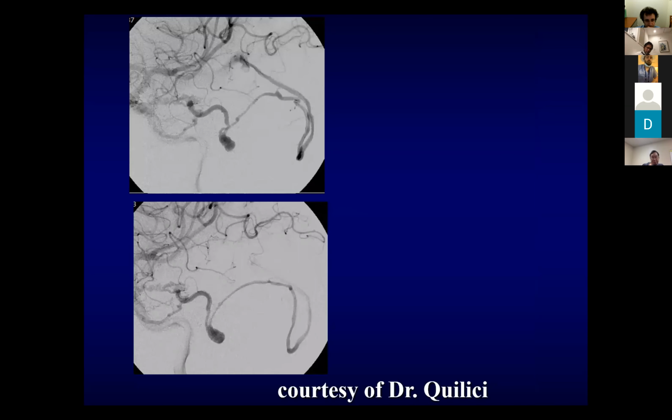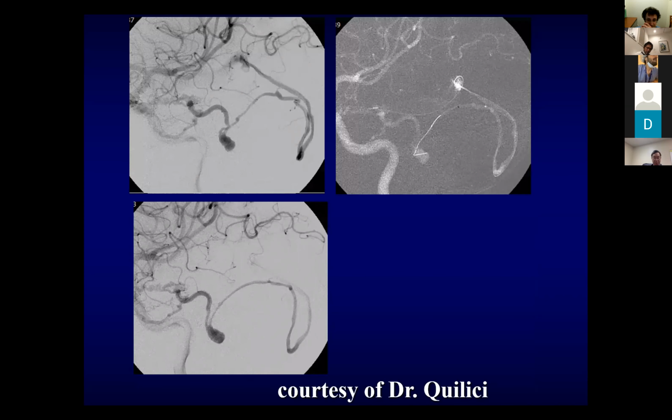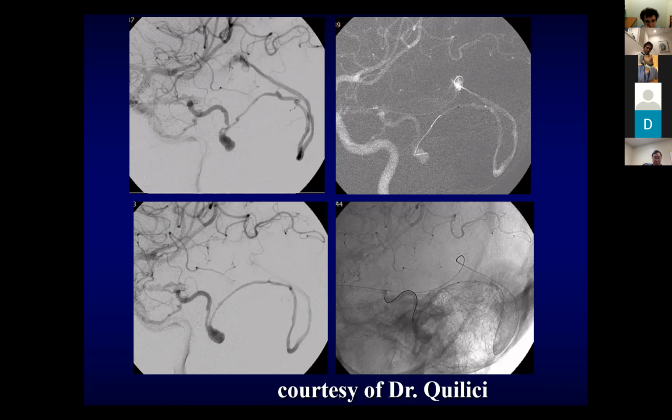Dr. Luca Quilici was operating, and I had the honor to be with him. You can see that the vein is coming. It's an interesting vein because it goes all the way from the Petrosal Vein around the cerebellum towards the vein of Galen. So he could come from the opposite transverse sinus into the vein of Galen and into this vein.